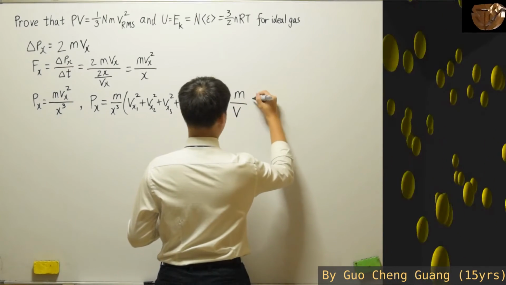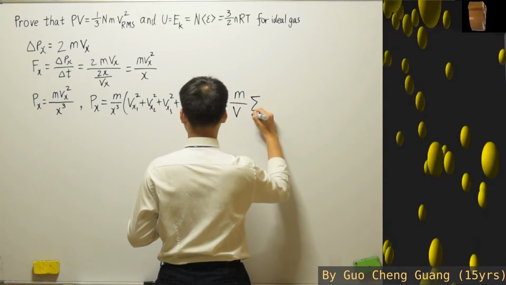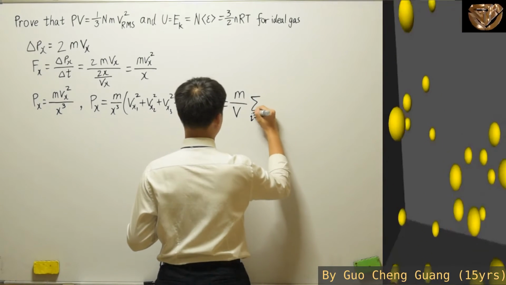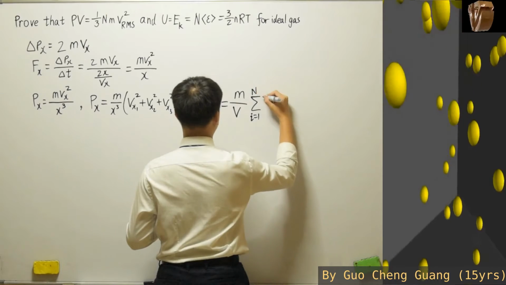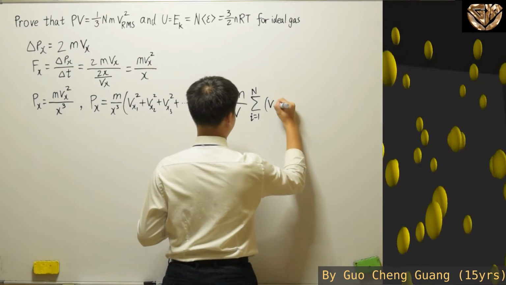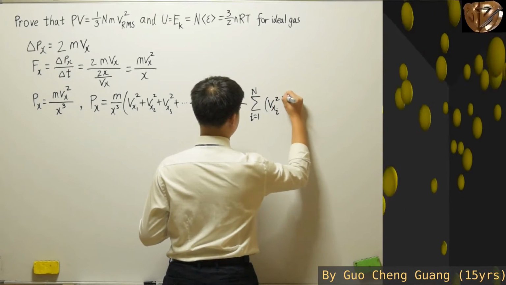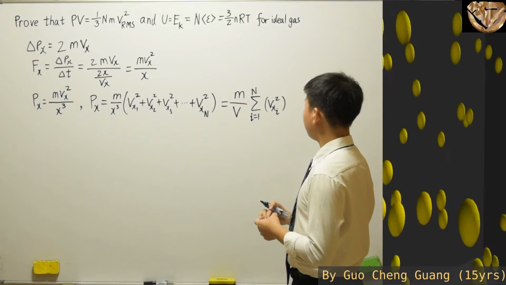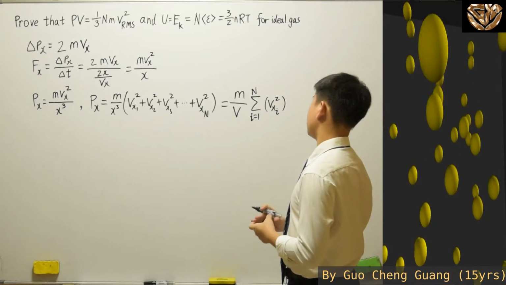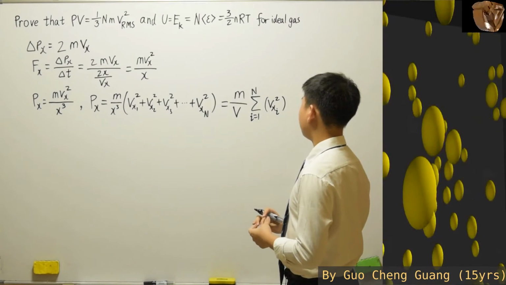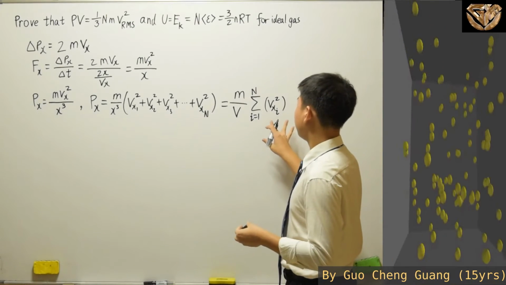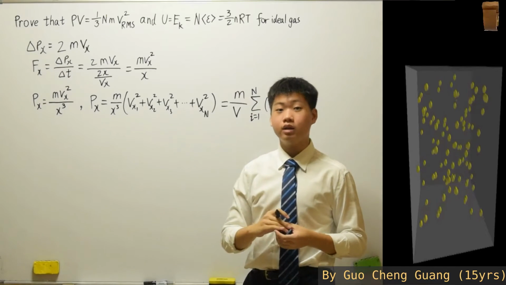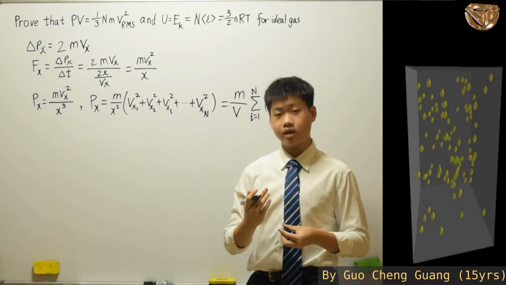So, sigma from, let's say i from 1 to n, and you'll have Vxi squared. Alright, so what will be so special about this? Now we can technically use this to find it in terms of a mean, right?